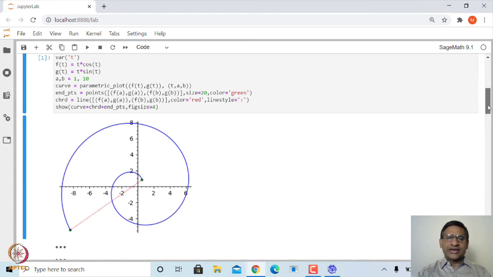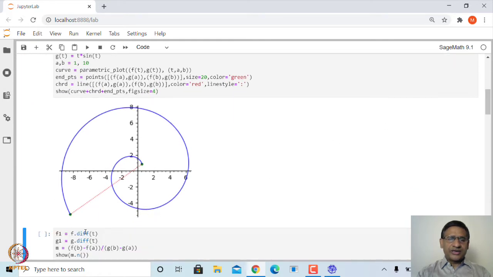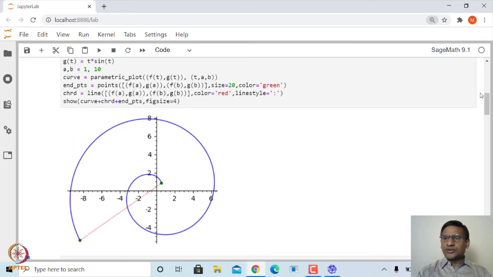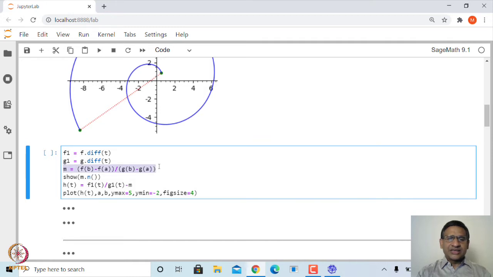Let us try to verify that. So, in order to verify, let us first define the derivatives of f and g. The derivative of f we will define as f1 and the derivative of g we will call g1, and then let us take m as the left hand side in the Cauchy mean value theorem, that is (f(b) minus f(a)) divided by (g(b) minus g(a)).